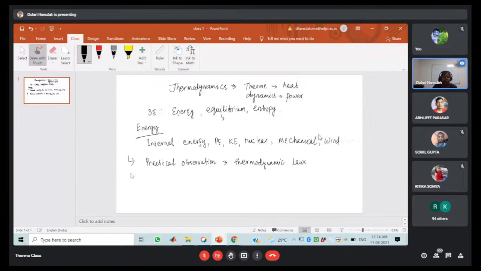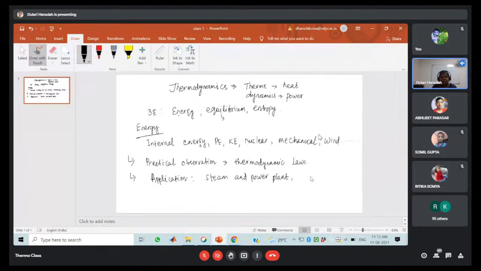These thermodynamic laws are applicable to different sectors. Mainly, we use these laws or principles to solve problems in steam and power plants.